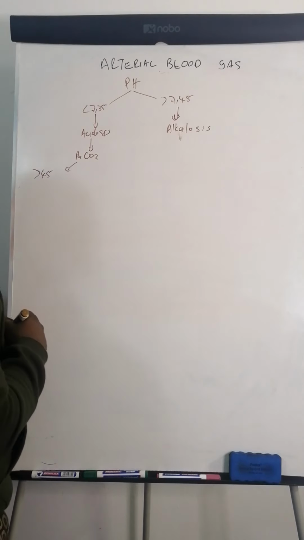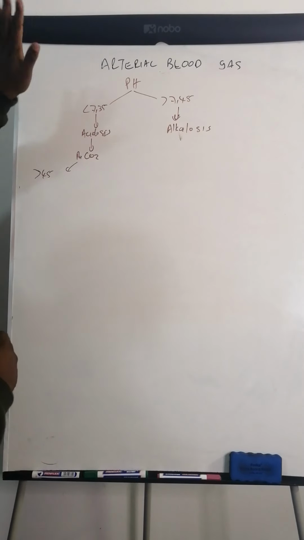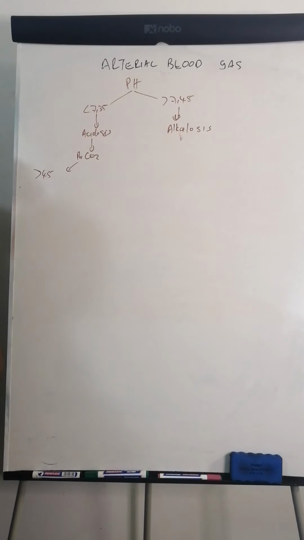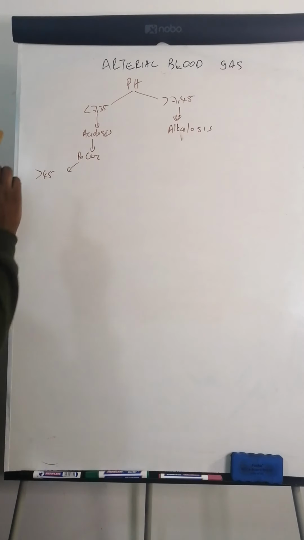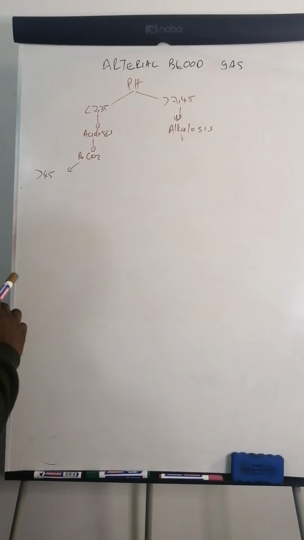That's what I'm trying to say. So if we have acidosis as our pH, it can be 7.26, 7.27, 7.28, 7.34. That's acidosis. But now the next thing that we look at is the partial pressure of CO2.